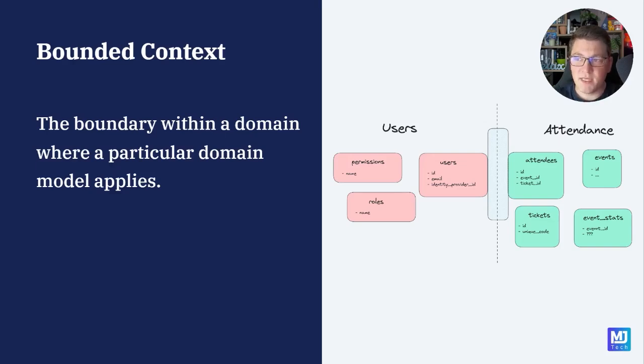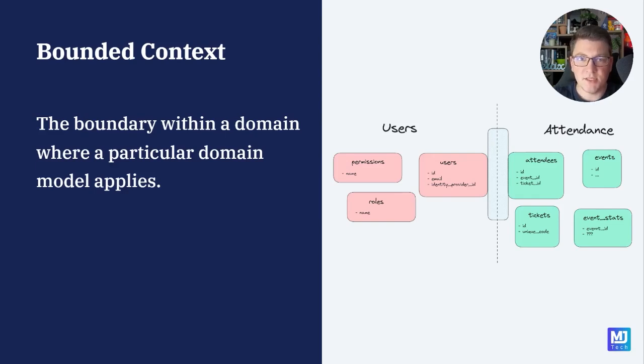In this image, we can see two bounded contexts, the users and the attendance bounded context. And you can notice that in the users bounded context, we have a conceptual collection of entities called users. However, in the attendance bounded context, we have a conceptual collection called attendees. What is interesting here is that the users and the attendees could be the same physical entity in our domain.